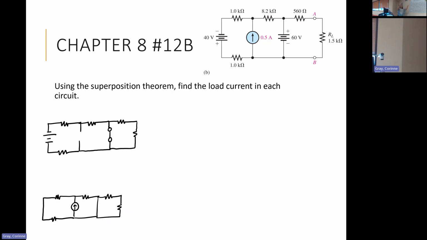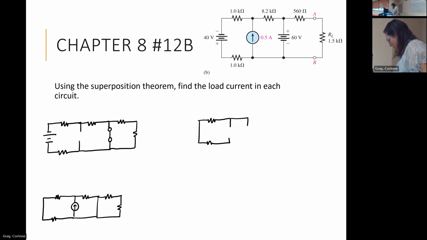For this one, I've replaced both of my batteries with an ideal wire, so they're straight lines. Again, I don't care if you draw the circles, the textbook will. I'm not going to be here to harass you about that. So that's our second one. And our third one. Something like this.